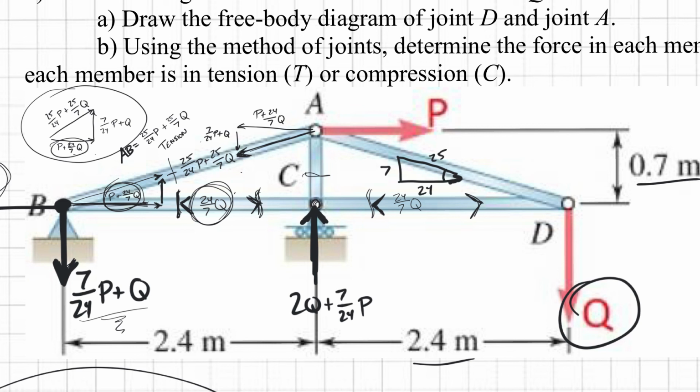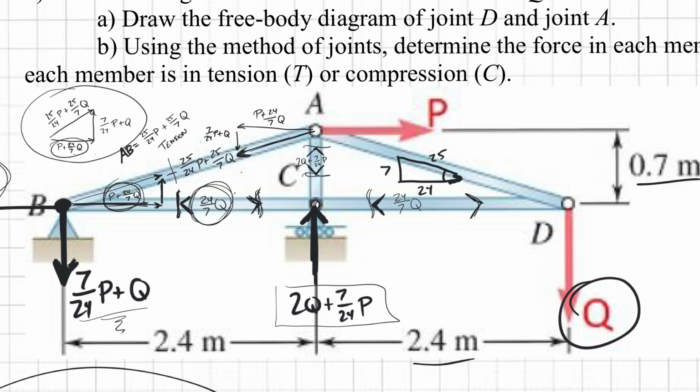In the vertical, well, this is pushing up with 2q plus 7 over 24p. So this is going to have to push down the same thing. It looks like it's compressing, because it's pushing out. It's going to be 2q plus 7 over 24p.